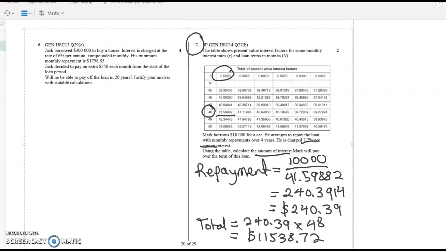And so from there we can see that the interest is going to be that minus 10,000. So the interest will be equal to the difference, which is 11,538.72 minus 10,000, which equals $1,538.72.